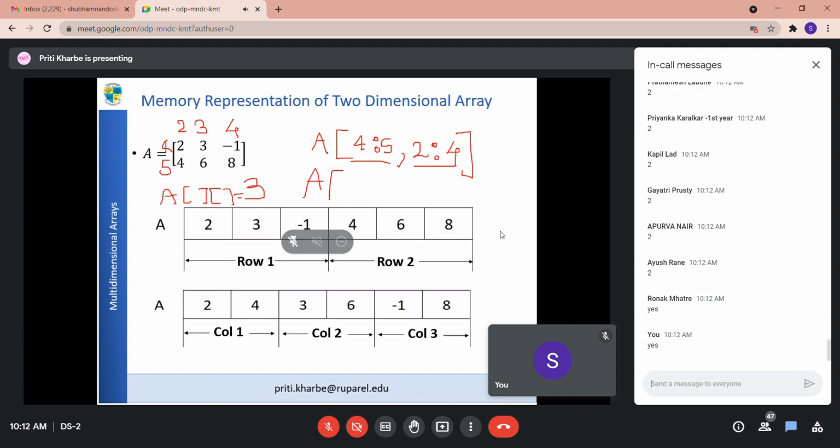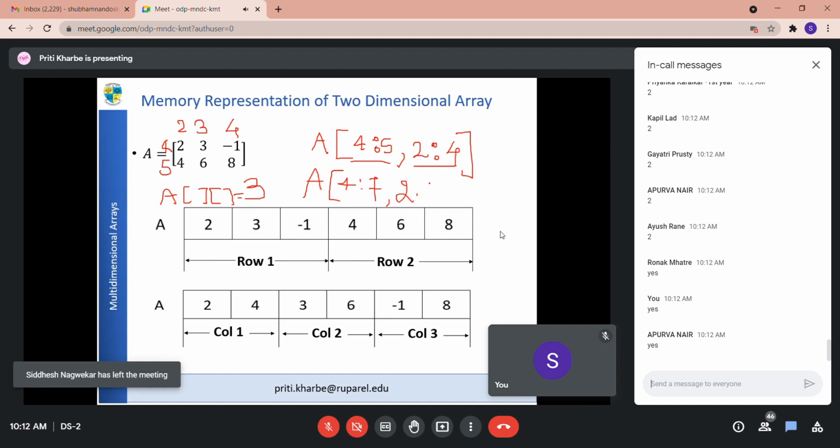Now suppose I write A, say 4 to 7, and here I am saying 2 to 6. If this is the condition, then tell me what will be total number of rows in this matrix A. What will be value of R?